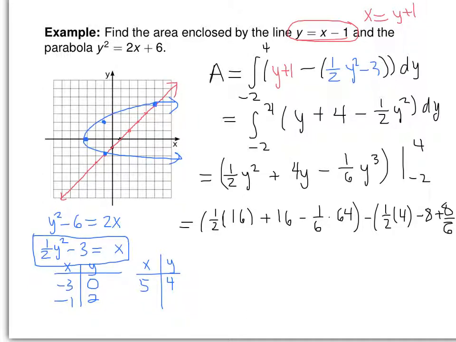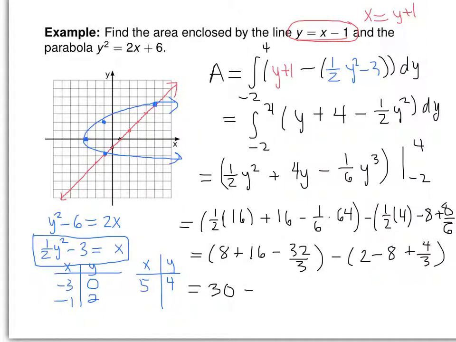Okay, so that will be 8 plus 16 minus 32/3, minus 2 minus 8 plus 4/3. So that will be 30 minus 36/3, or 18.